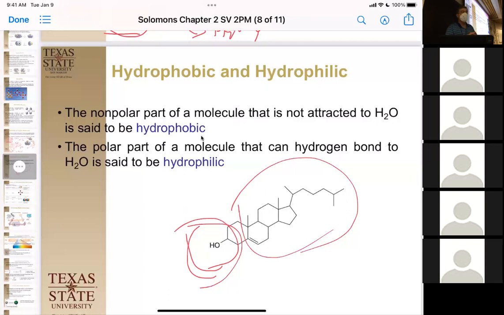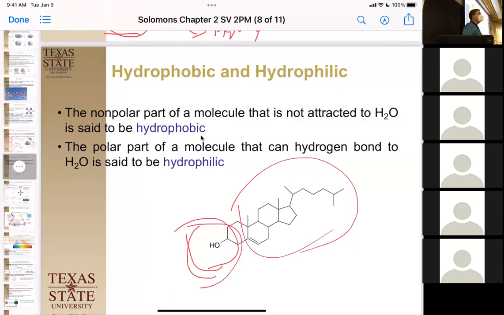Okay, so we were talking about these intermolecular interactions, how to squeeze these molecules together. And we saw that there were different ways to do this. The last thing that I didn't get to really describe was that the molecule itself can have both hydrophilic and hydrophobic properties. There's nothing that says the whole molecule has to dissolve in water, or the whole molecule has to hydrogen bond, or the whole has to induce dipole.